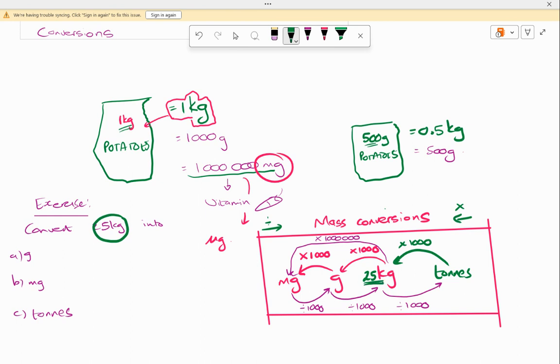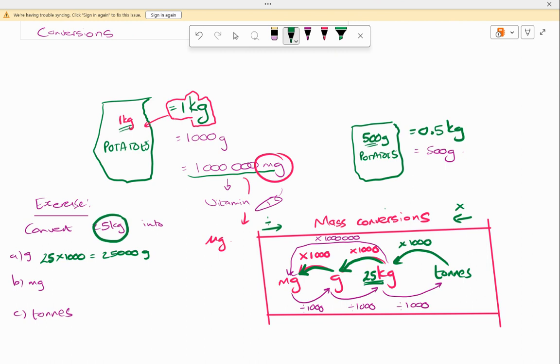If I want to convert it into grams, I got to go this way. And so I multiply it by 1,000. So this one will be 25 times 1,000, which comes to 25,000 grams. And if I want to convert from grams into milligrams, I multiply it by 1,000 again.